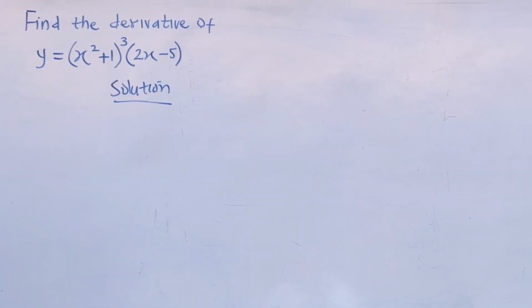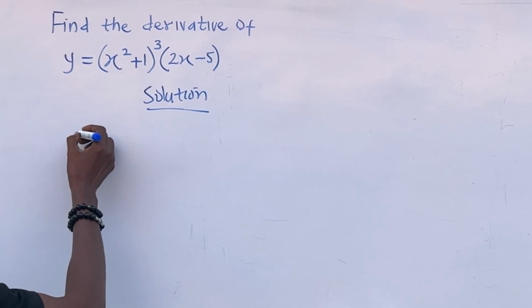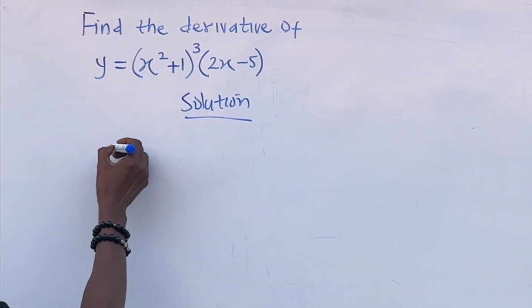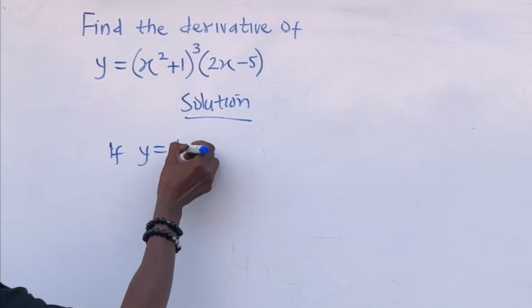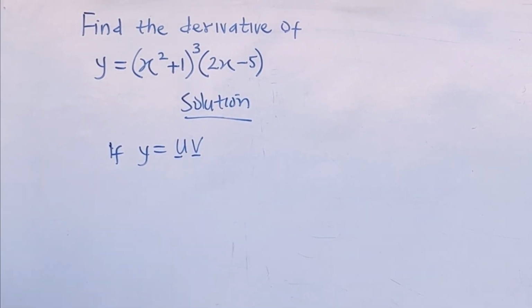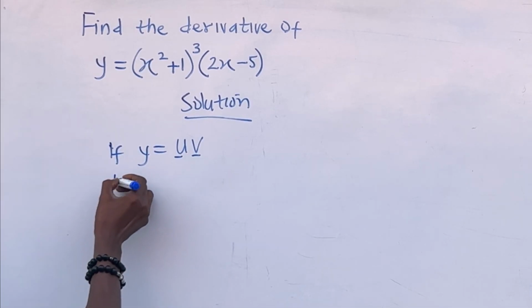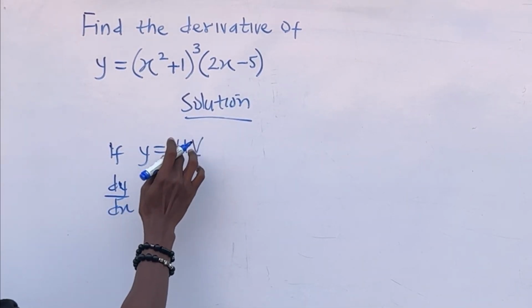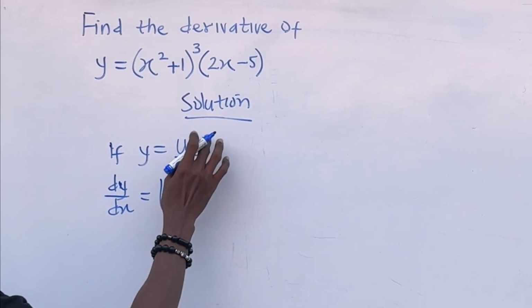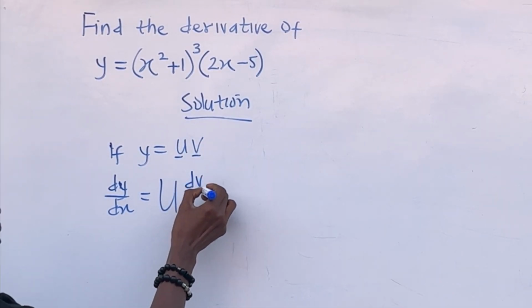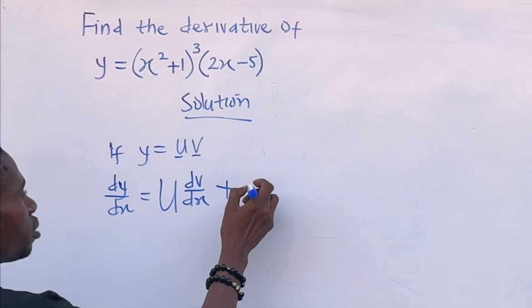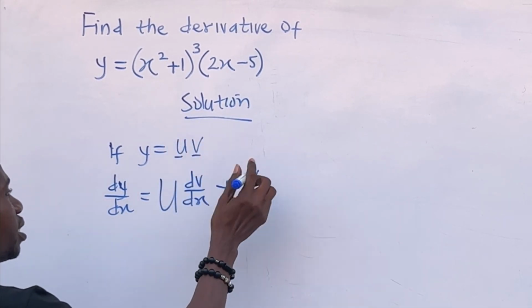Remember, when you have a product, use the product rule. It says that if y equals uv, multiplying two functions, your dy dx will be u first multiplied by the derivative of the second, plus the second multiplied by the derivative of the first.